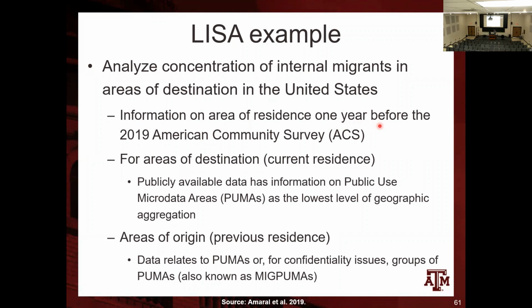For areas of destination, publicly available data that we can download on the EPAMS website, epams.org, the website that I showed to you. Areas of destination, of current residence, publicly available data has information on the public use microdata areas. They are called PUMAs. They are the lowest level of geographic aggregation. In 2019, we had, I think, around 2,351 PUMAs. Why doesn't the Census Bureau make that information available at the county level using this more refined data?